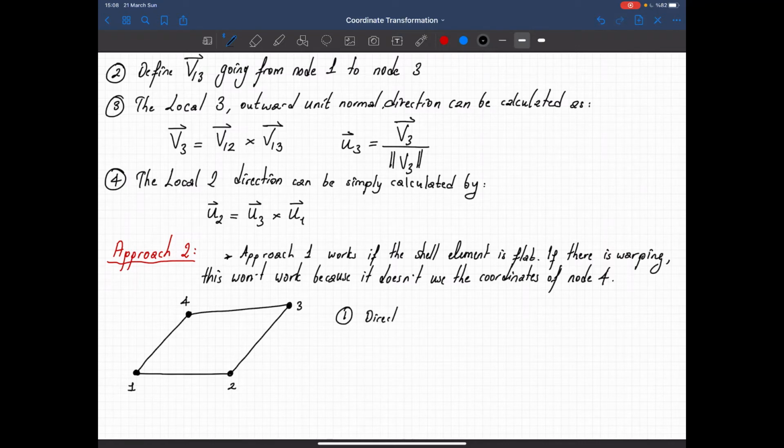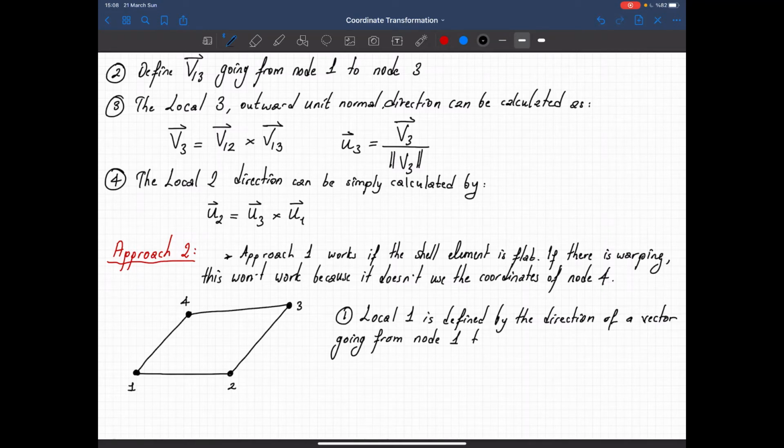Direction 1, or let's just say local 1, is defined by the direction of a vector going from node 1 to node 3.